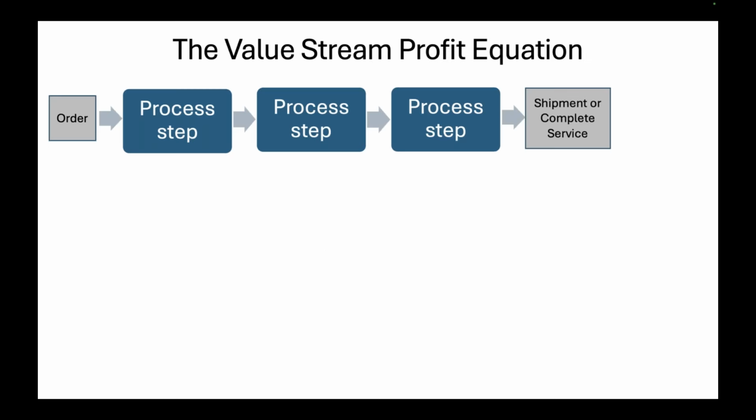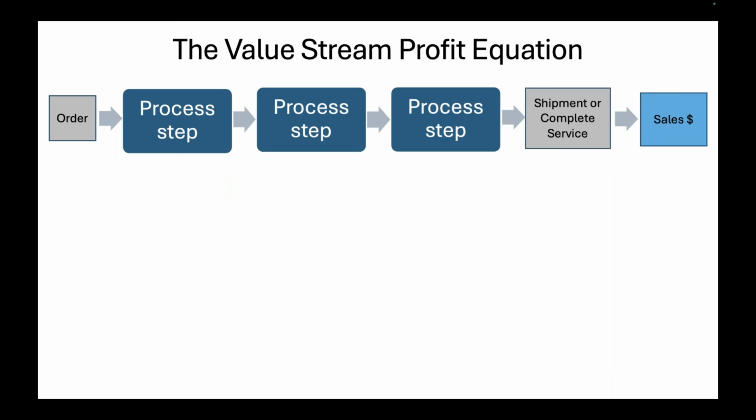So you think about a value stream, any process. There's an order, there's a sequence of process steps, products that are shipped, or services are completed. That drives sales. The faster you flow those orders, the faster you generate the sales.